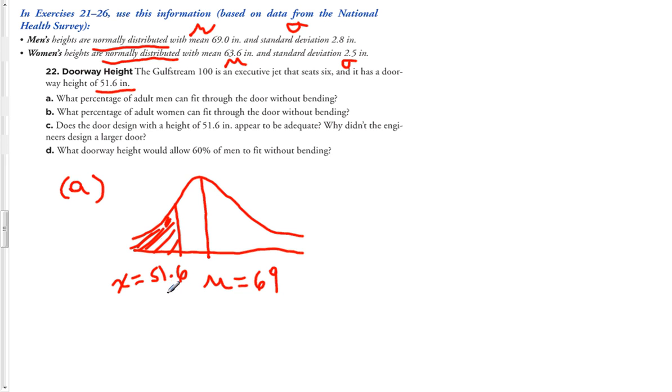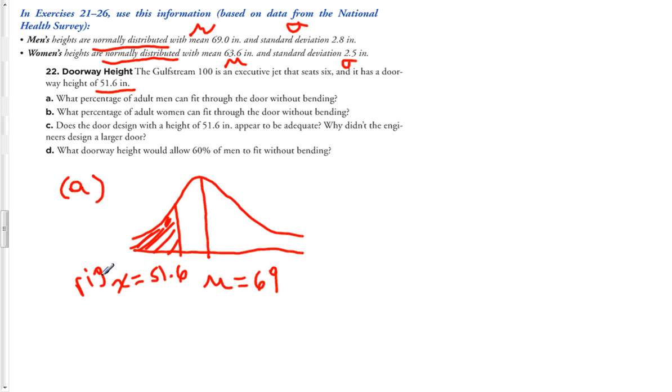Well, what we're going to do is use the inverse norm again. Not the inverse norm, sorry. We're going to use the normal CDF. The normal CDF gives us the area if we give it a left z-score and a right z-score. This x value is to the right of my area, so it's going to give me my right z-score.